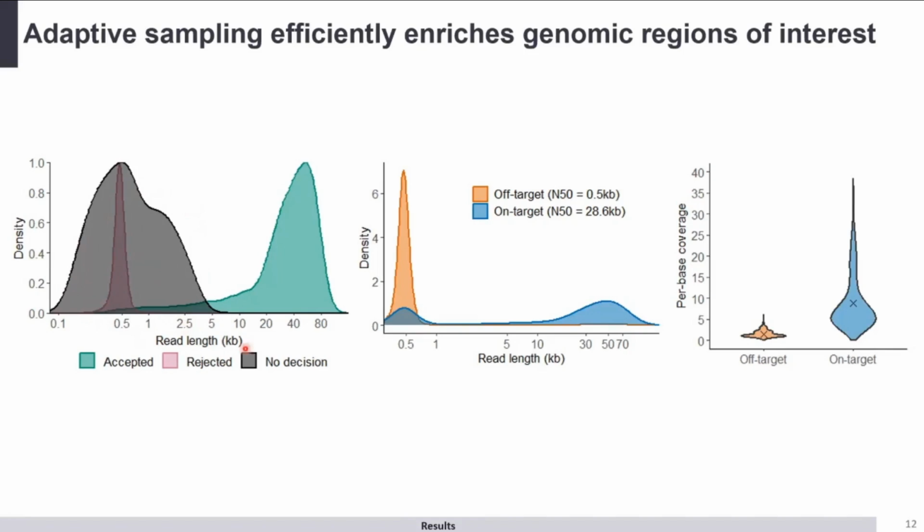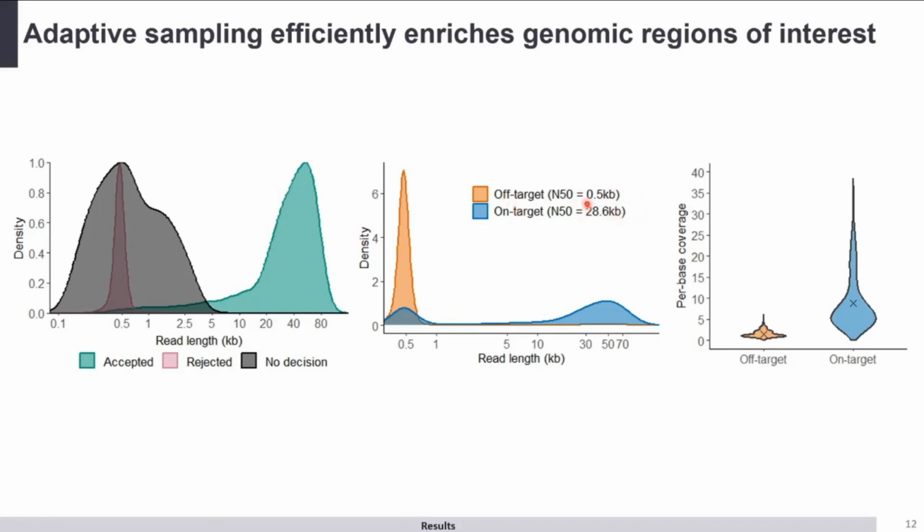Following the experiment, we used Guppy to rebase call the signal data and align back to the human genome. As you can see, on-target reads exhibit an N50 of 28.6 kb, much higher than the N50 of 500 base pairs observed for the off-target reads.